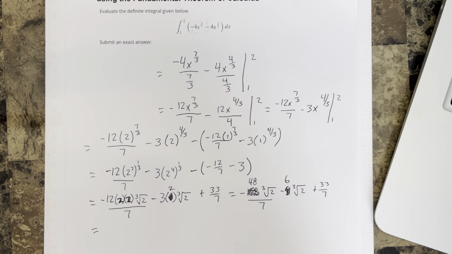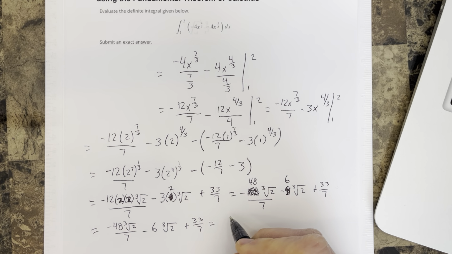So we end up with negative 48 cube root of 2 over 7 minus 6 cube root of 2 plus 33 over 7. Now I want to find a common denominator here.